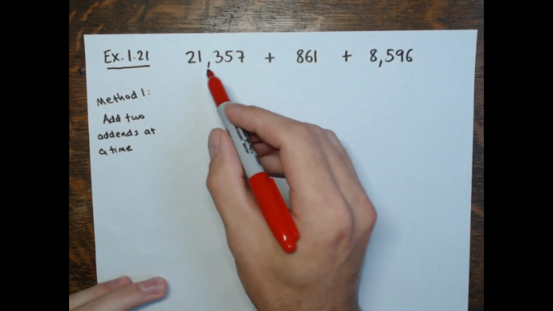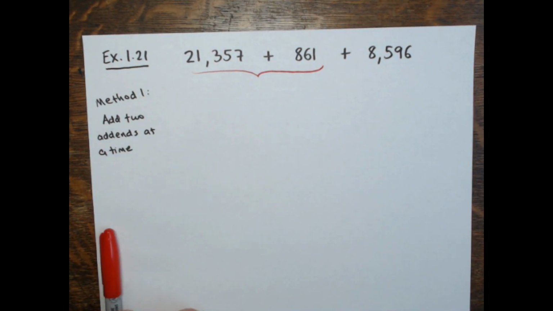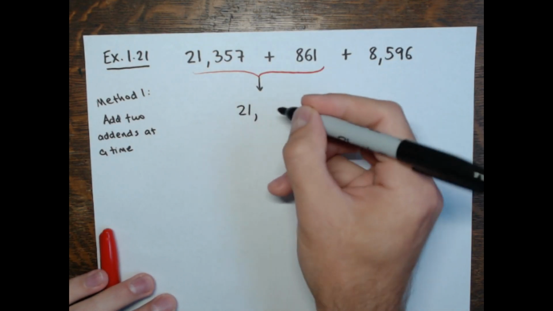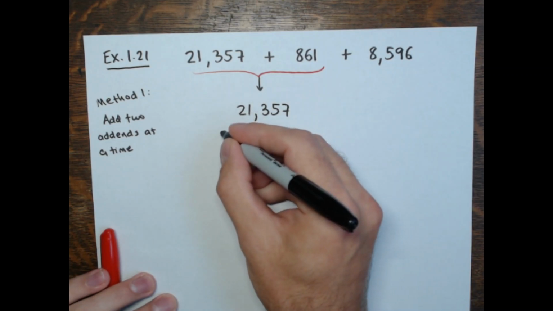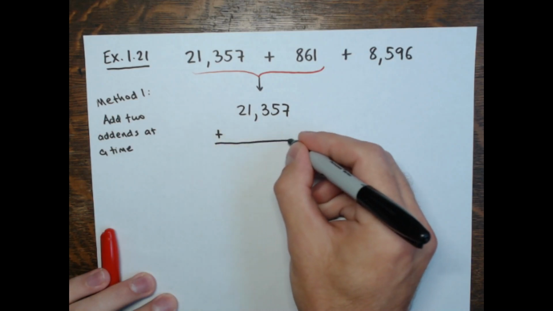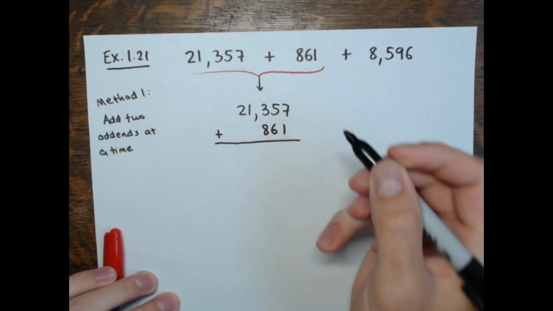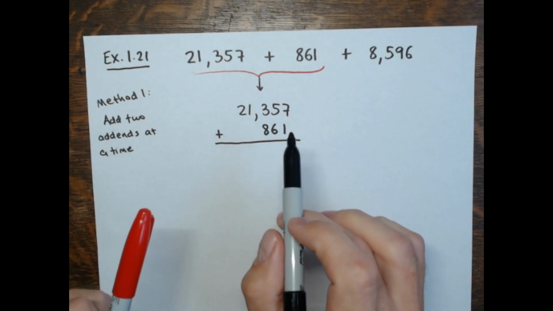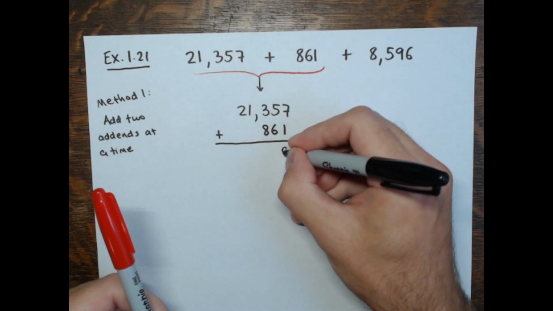So from left to right, the first 2 addends, the first 2 numbers being added are these 2. I'll take this down here. We'll do 21,357 and then add to this the 861. Lining up the correct place values, and then starting with the ones. 7 plus 1 is 8.